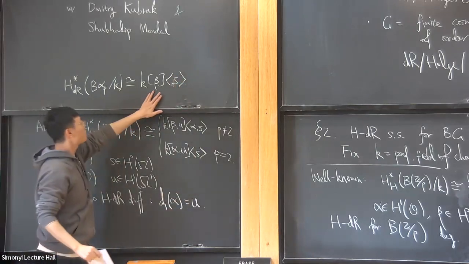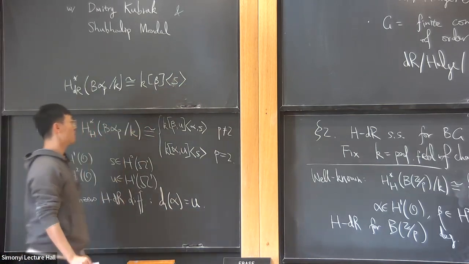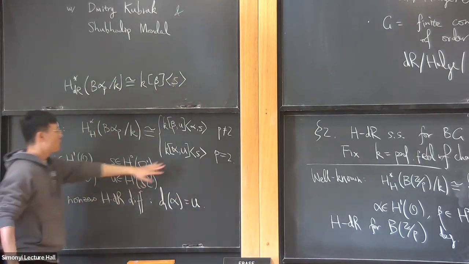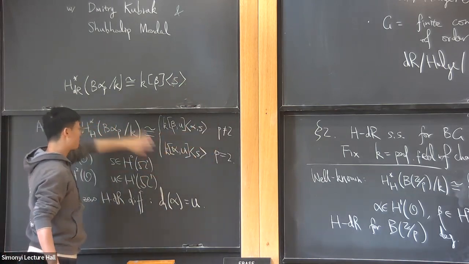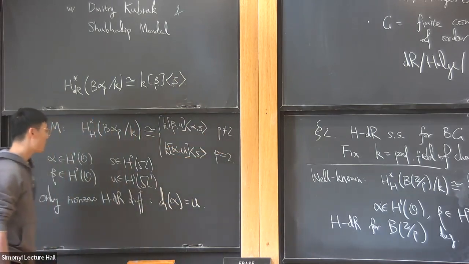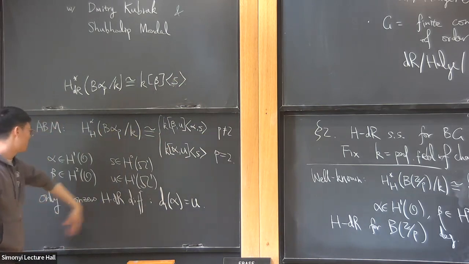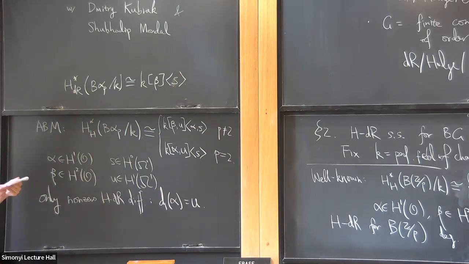Beta is a degree 2 generator and S is a degree 1 element, and S squared is always 0. So although there is a distinction of the Hodge cohomology ring depending on whether P is 2 or not, after going through this spectral sequence, the result is independent of the prime. All right, so is there any question?